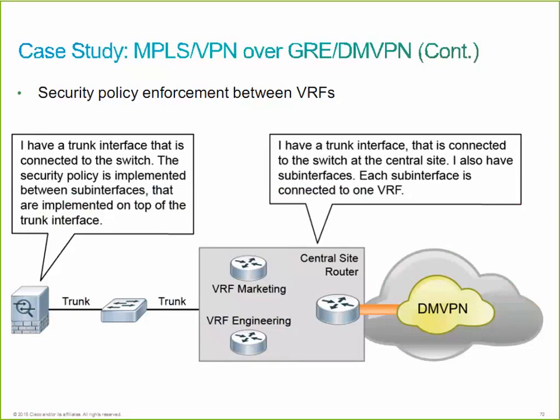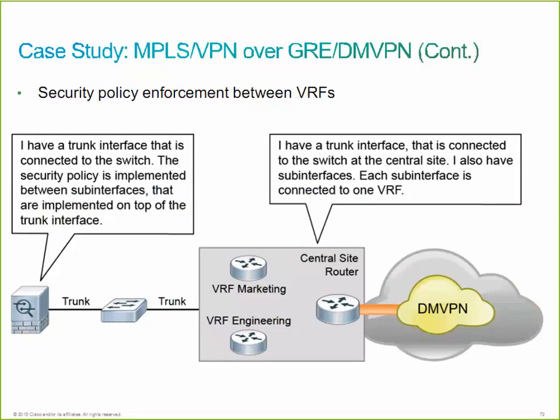In order to provide connectivity, we've implemented router on a stick on the hub router, and that allows us to isolate traffic between the VRFs at the central site. We can see that here. A trunk interface that's connected to the switch, and then we have a security policy implemented between sub-interfaces. They have a firewall there, but it doesn't have to be a firewall. It can be a router.